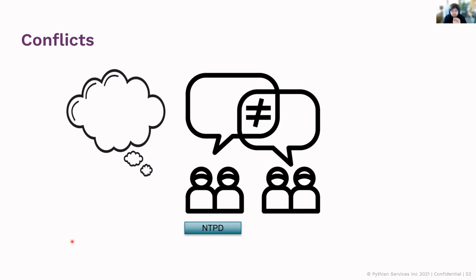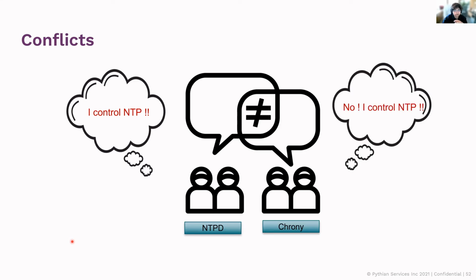Why were there conflicts? What we noticed was that there was an ntpd daemon that said, I want to control NTP, and similarly, there's a chronyd daemon that's also trying to control NTP. This leads to conflicts, which lead to all these errors. Why do we have two daemons trying to control time on your server?